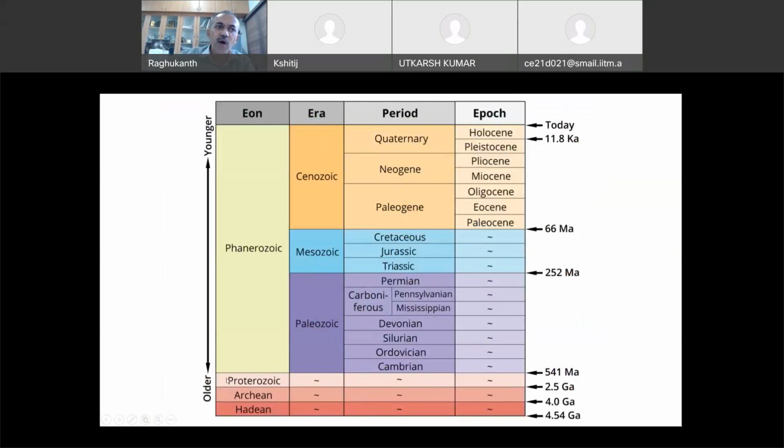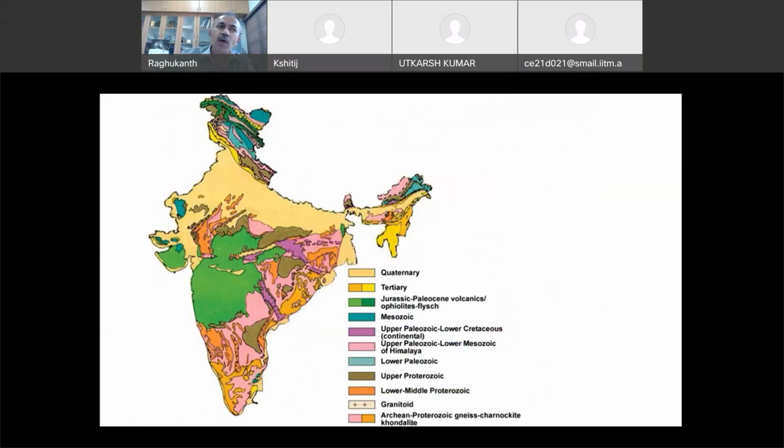The Deccan Traps formed during Mesozoic, 66 million years ago. So now you follow, right? Kadapa Basin is old or Deccan Traps are old? Which is younger here? Deccan Traps is younger.